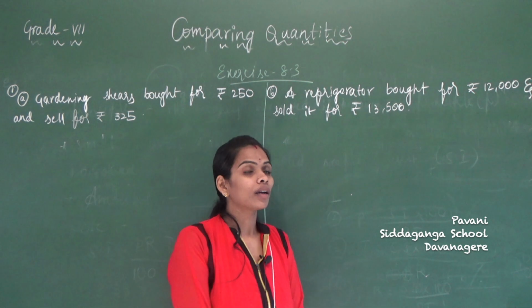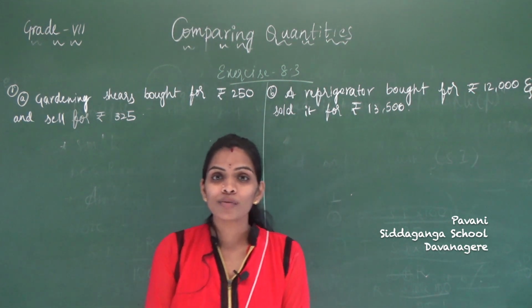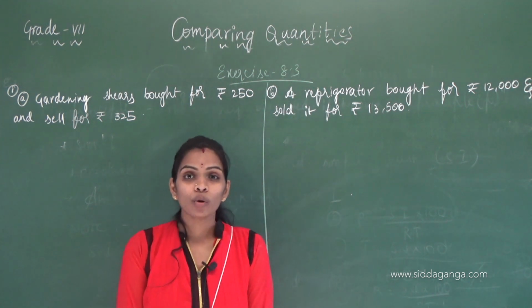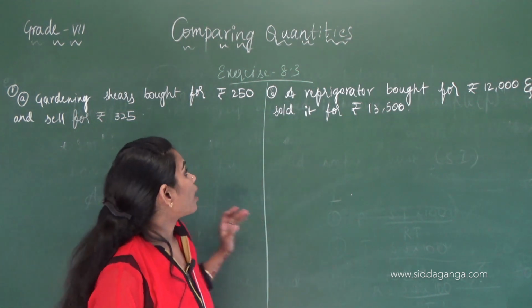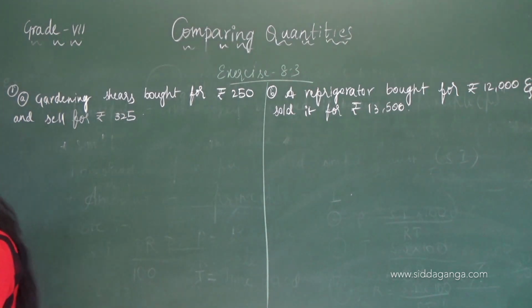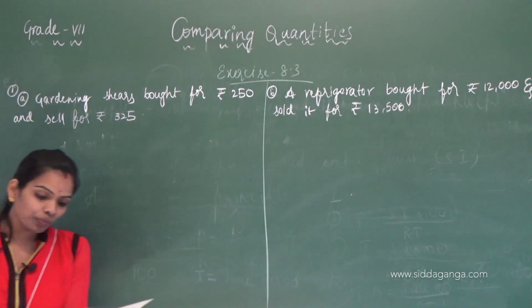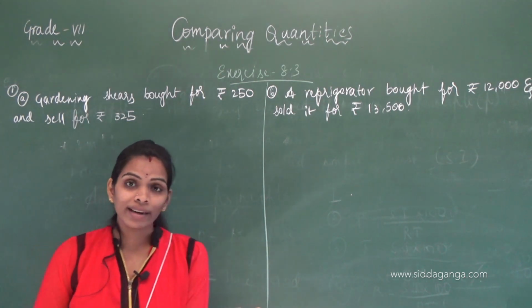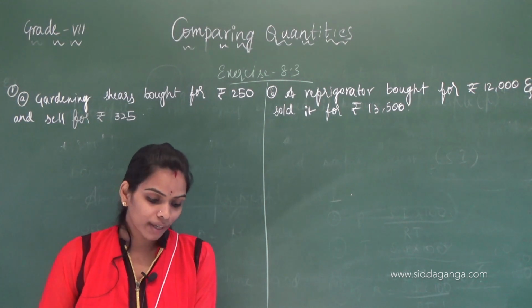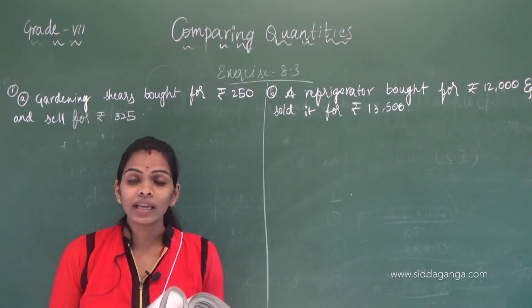Hello children. In yesterday's class we discussed selling price, cost price and so on. Relative to those definitions, I am now doing the exercise problems. Exercise 8.3. Tell what is the profit or loss in the following transactions, and also find the profit percent or loss percent in each case.